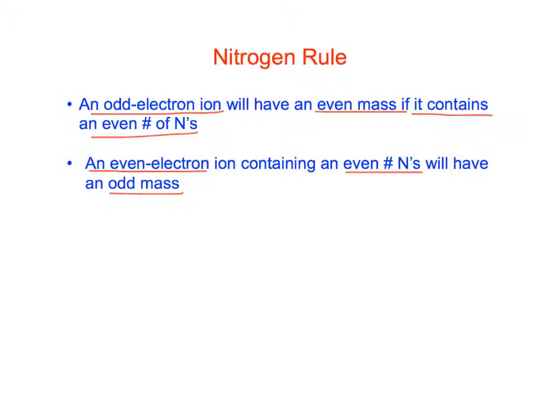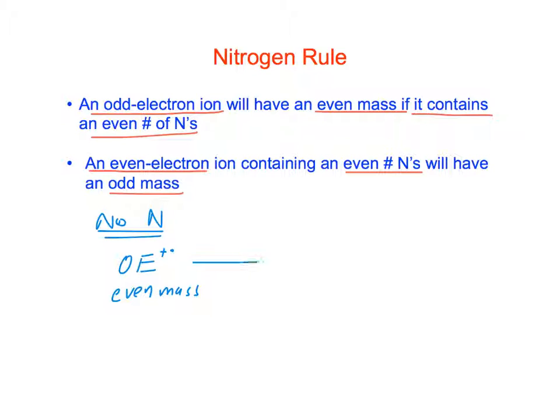Let's draw out what would be happening. If we have 0 nitrogens, our molecular ion is an odd electron ion, and this will have an even mass.